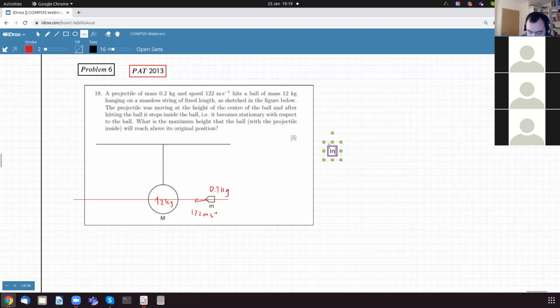Not an elastic collision, because the projectile is stuck. If it was an elastic collision, then the projectile would bounce back with approximately the same speed. So we need to calculate.